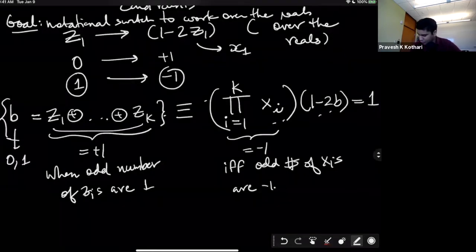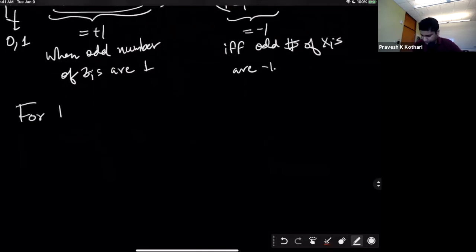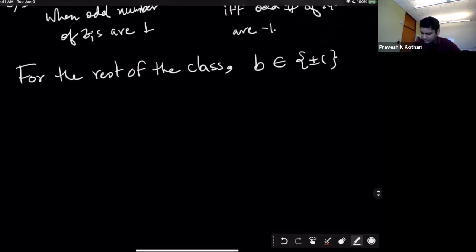For the rest of the class today, I'm going to think of b's as always in plus minus ones. I'm going to forget about the KXOR problem in the original way one might think about it, and simply think of it as the following.